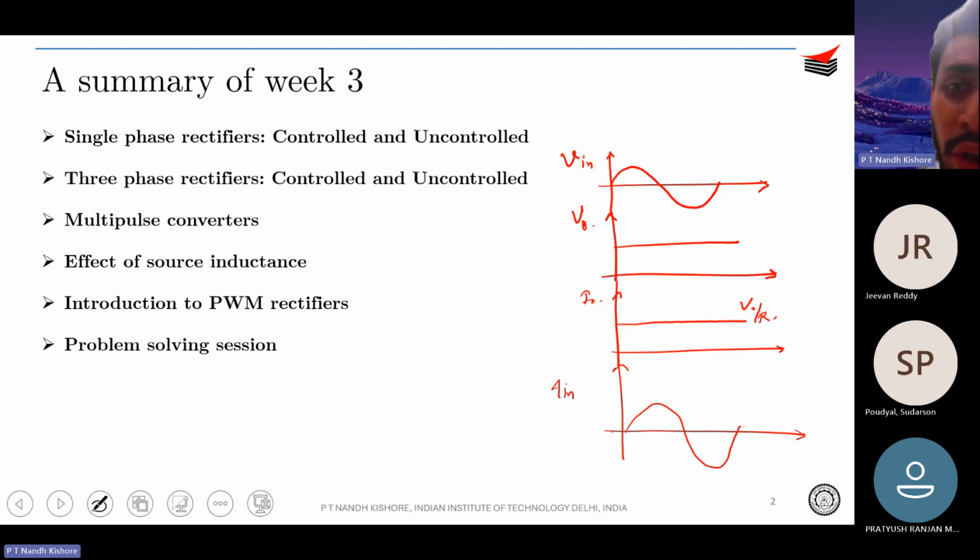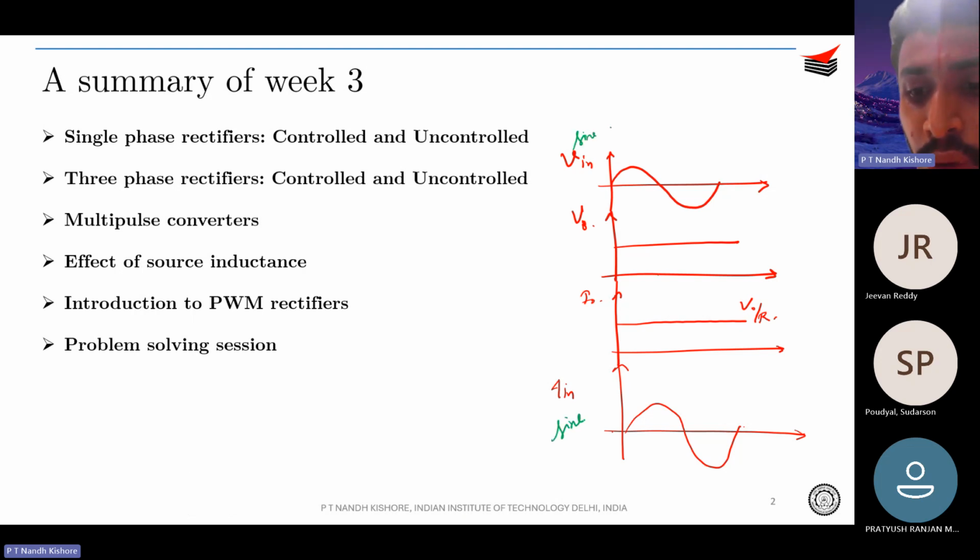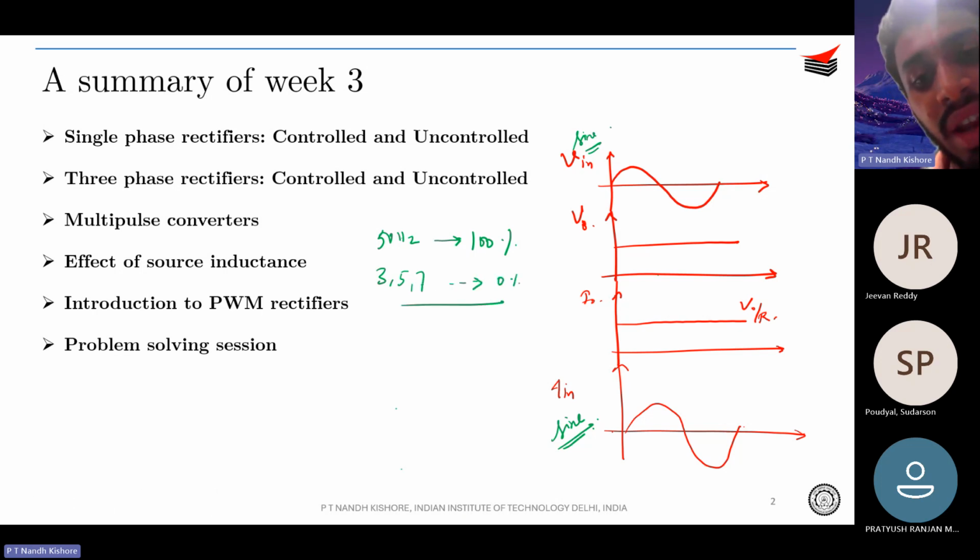Your V in is going to be a pure sine, and your I in is also going to be a pure sine. So if you have pure sine waves for input voltage and input current, you of course know that the fundamental or the 50 hertz component is going to be 100%, and the harmonics, third order, fifth order, seventh order, and so on, you want them to be zero, correct? This is the ideal scenario. This is something you want.